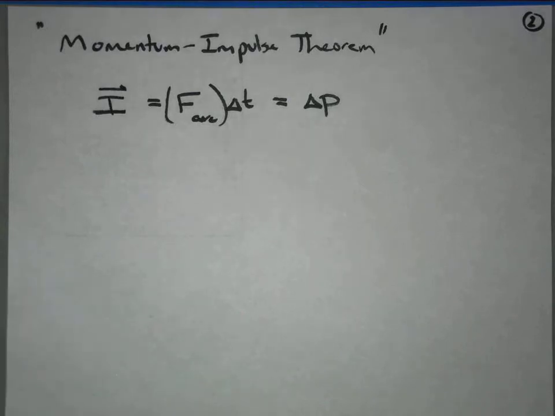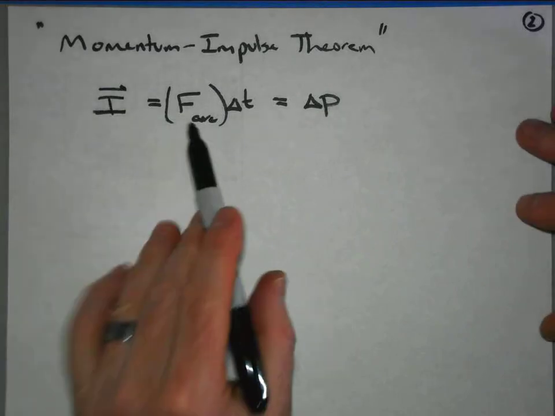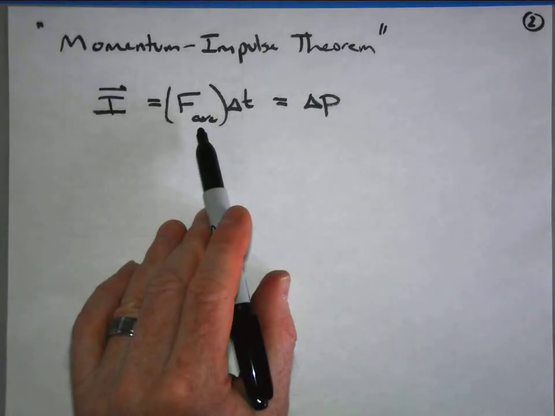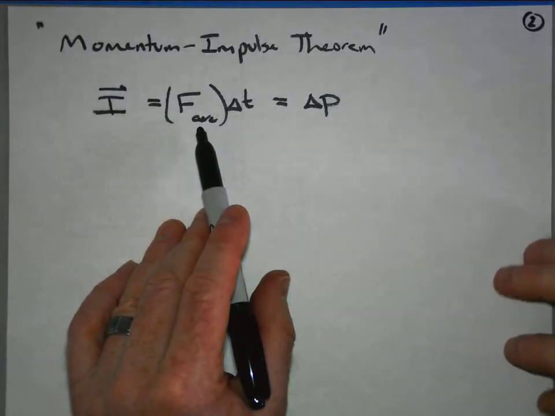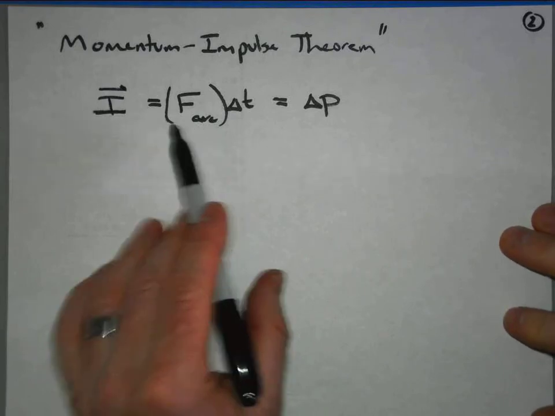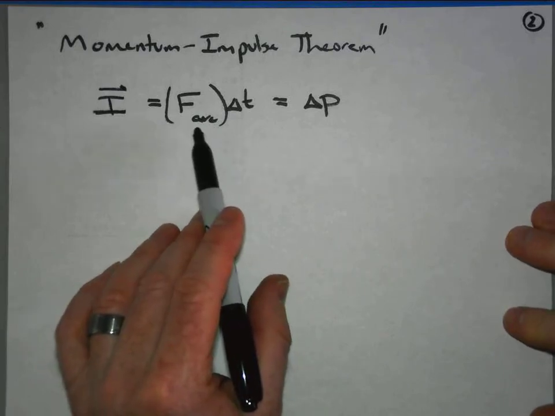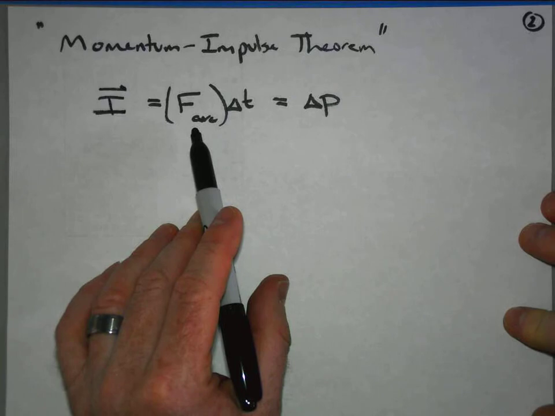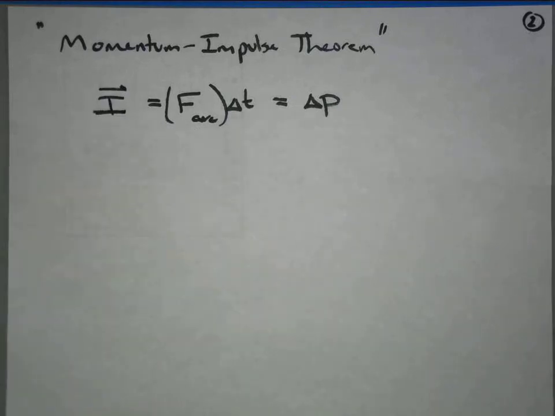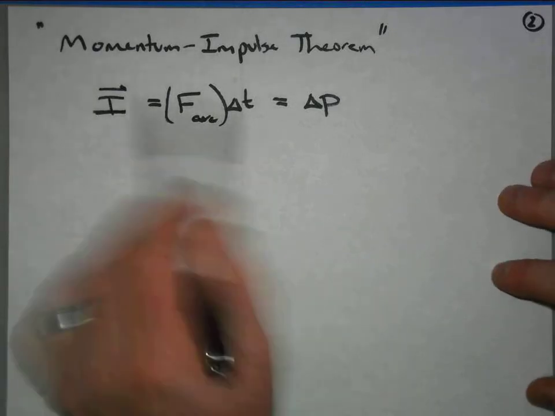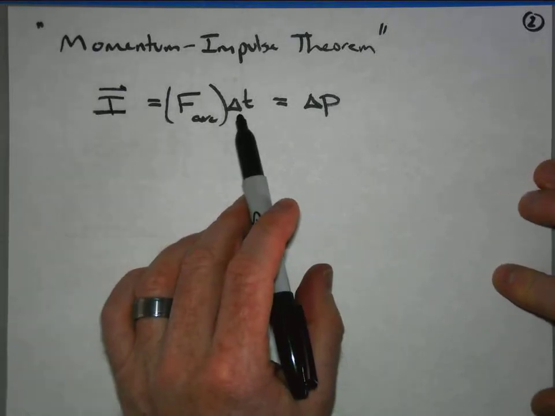They grow, they shrink, they disappear, they change direction all the time. And so if the forces are changing, you really have to simplify this a little bit and talk about the average force that's acting on the object. Average over time. As time goes on, the amount of force changes. So we must deal with the average. All right, so this is the idea of the momentum impulse theorem.